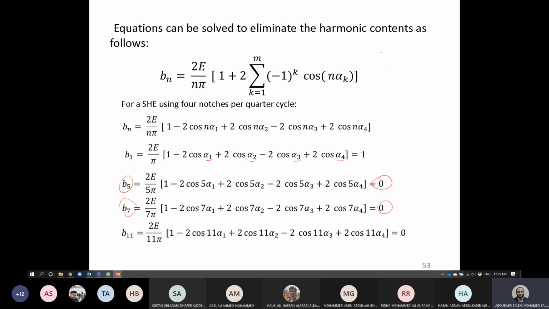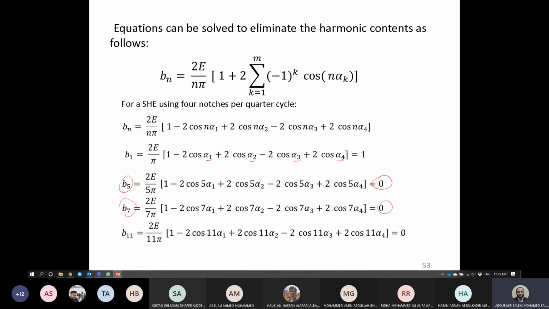So in this technique, based on these equations, which are almost fixed equations for all three-phase systems, you just need to calculate alpha 1, 2, 3, 4. So we have here 4 equations.